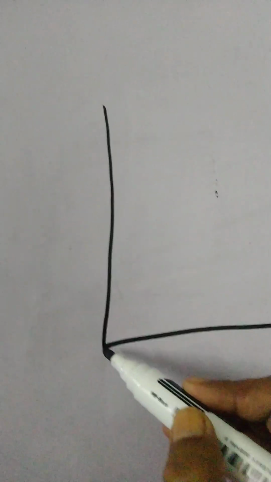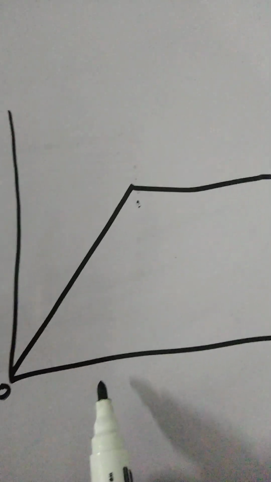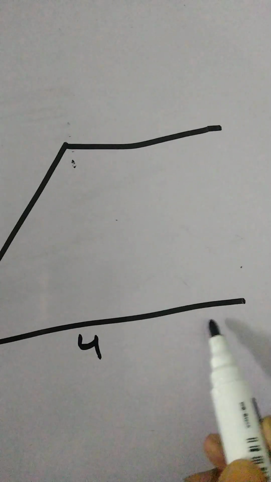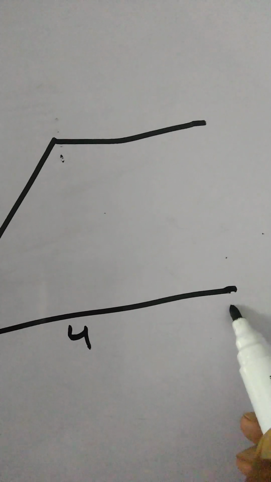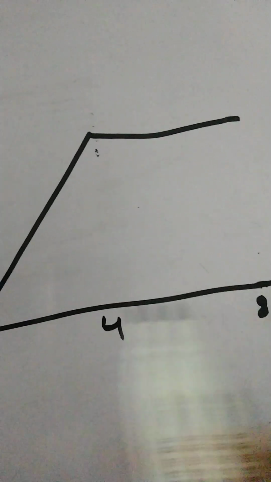Now again we are making another graph. This one is a little bit different. Here is 0, and after it here is 4, and here exactly is 8, and it goes on.